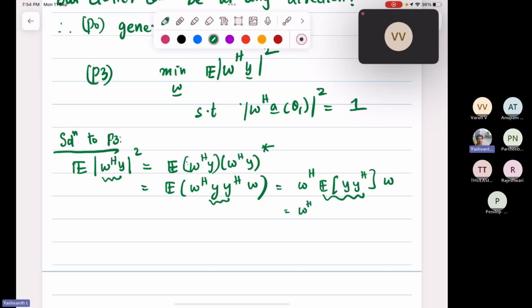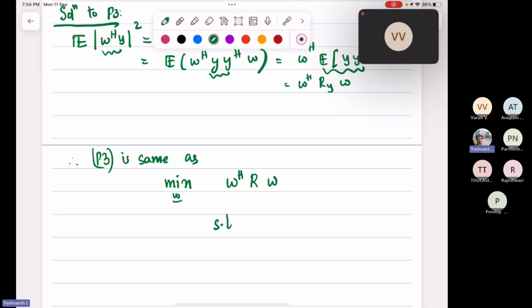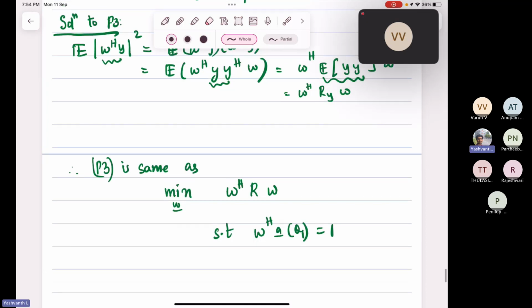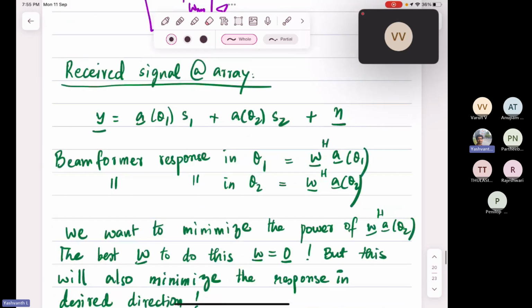This is our correlation matrix, R_Y. So P3 is the same as minimizing W Hermitian R W over all W, subject to the constraint that W Hermitian A of theta 1 equal to 1. Maybe the modulus is not necessary here, because I'm not talking about the energy itself.